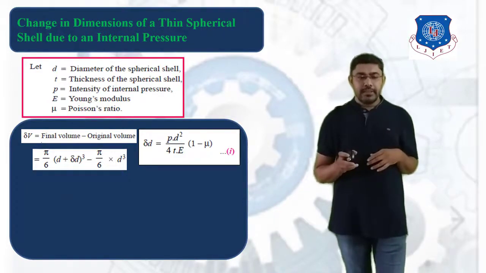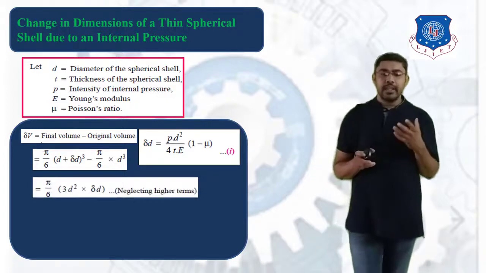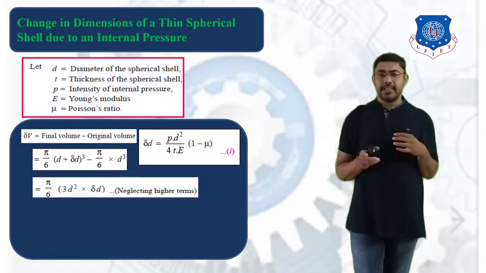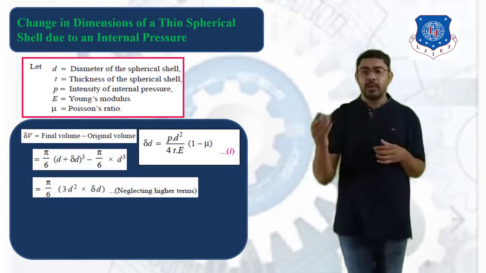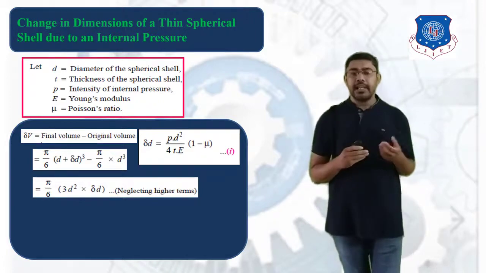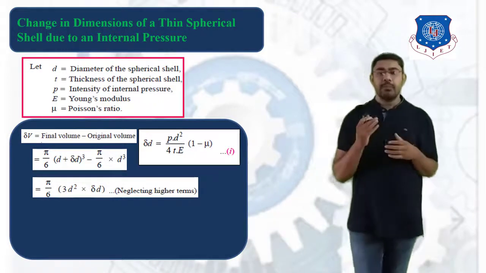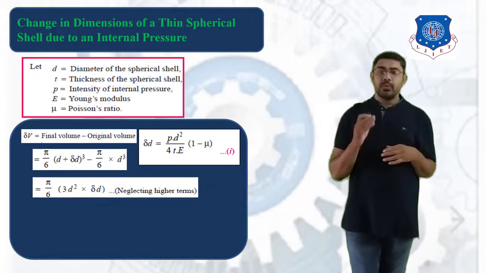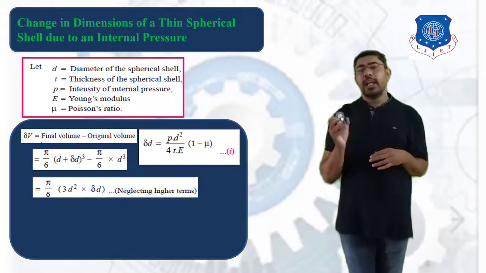Now in the above equations, if we simplify and neglect the higher order terms, we get delta v equal to pi by 6 into 3 d square into delta d.